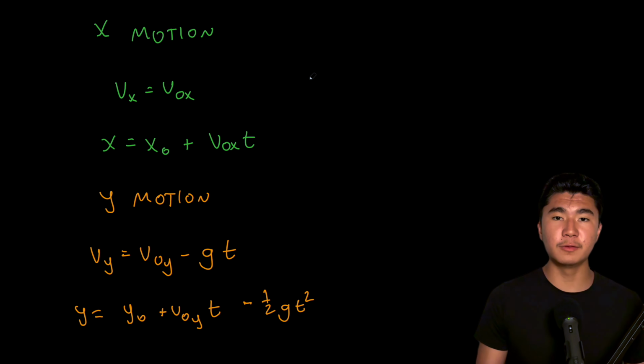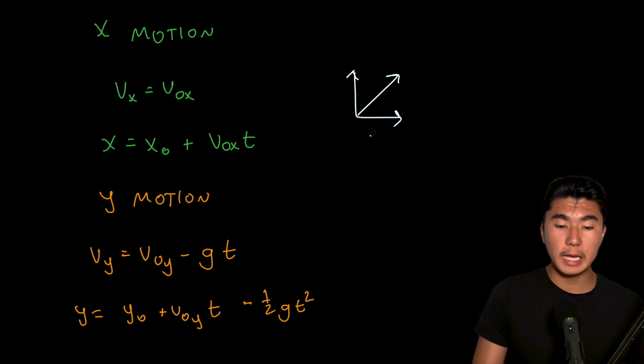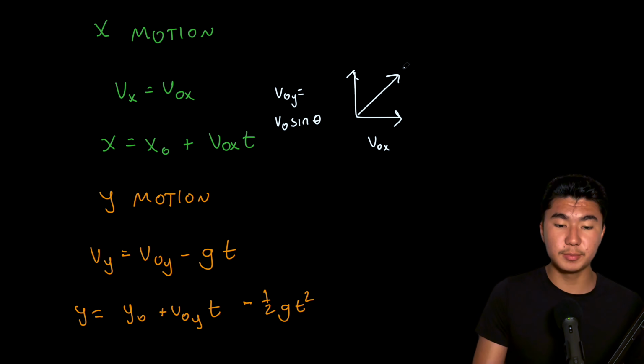And this might be a review for some of you guys, but when we're looking at these vectors over here and we have velocity in the x-axis, velocity in the y-axis, the velocity in the y-axis is going to equal velocity initial sine theta, because this is our velocity over here, and the velocity in the x-axis is initial velocity cosine theta.